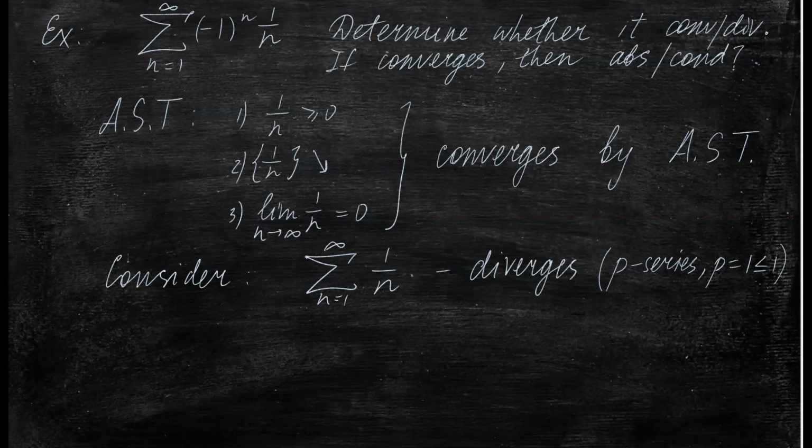That's why it diverges. So, because the series obtained by dropping the alternating factor diverges while the original series converges, the conclusion here is that the original series converges conditionally.